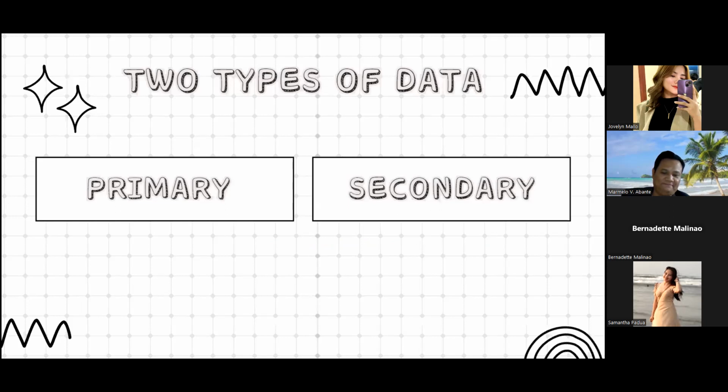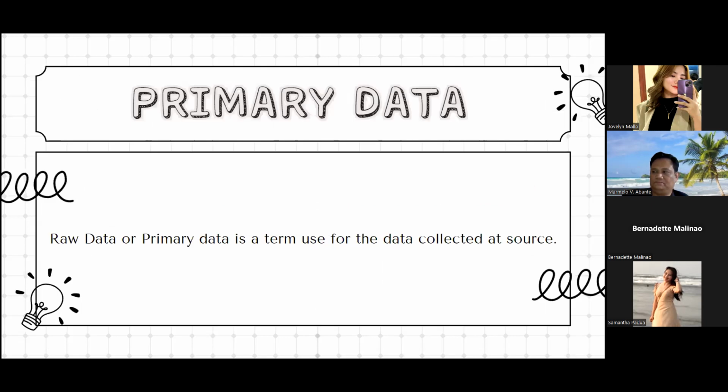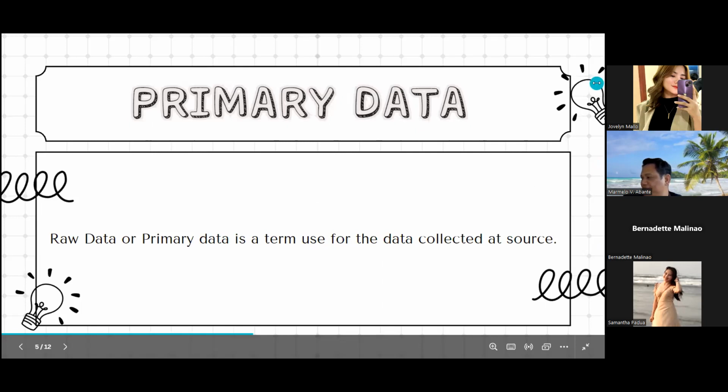There are two types of data: primary and secondary data. Primary data, or raw data, is a term used for data collected directly at source.